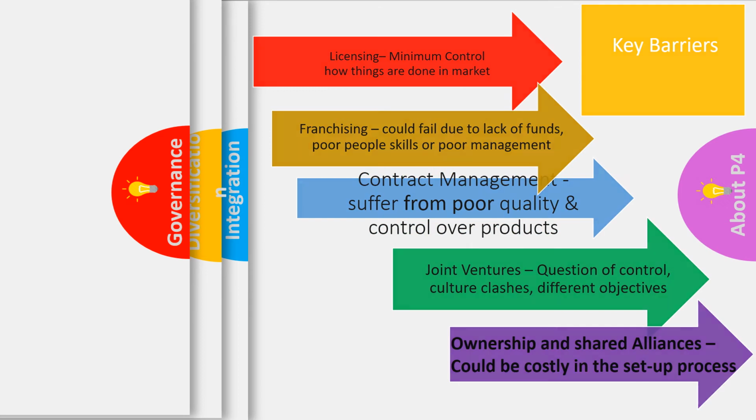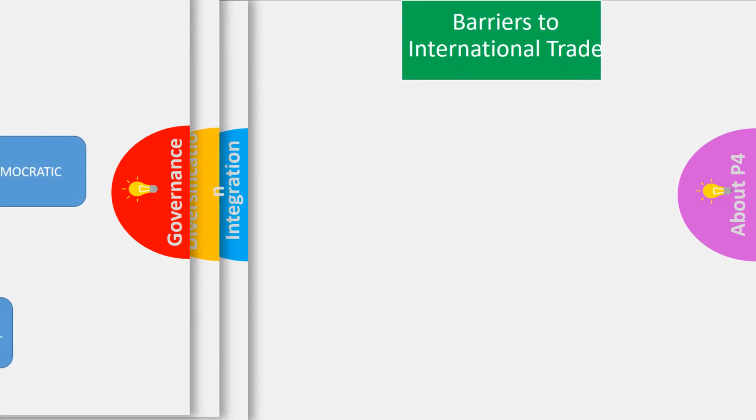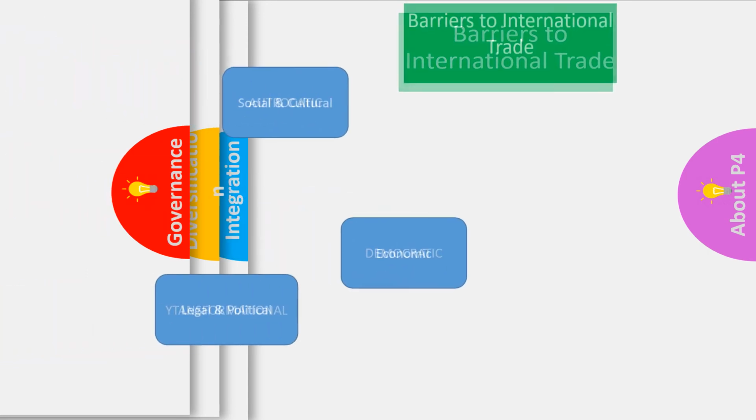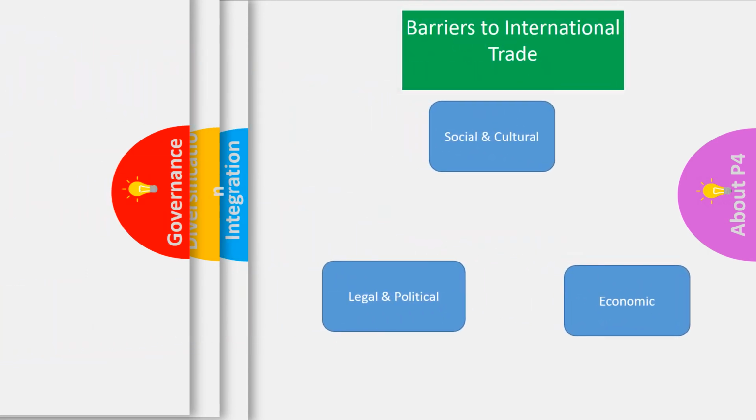But there are risks to social and cultural barriers, legal and political barriers, economic barriers. So depending upon the country you're going in, how is that going to affect your business?